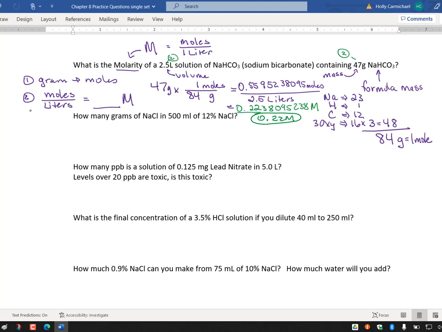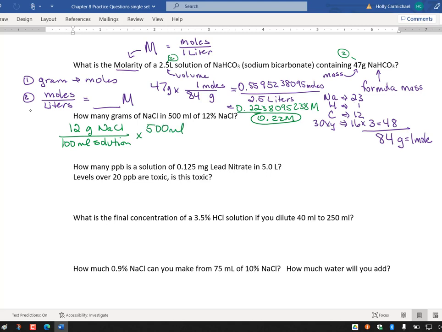Second one. How many grams of sodium chloride in 500 mL of 12%? So in this one, this is concentration times volume. Concentration is 12%, so I'm going to change percent to grams of sodium chloride per 100 mL of solution, right? Because that's what the percent is telling me, and then just multiply it times the volume.